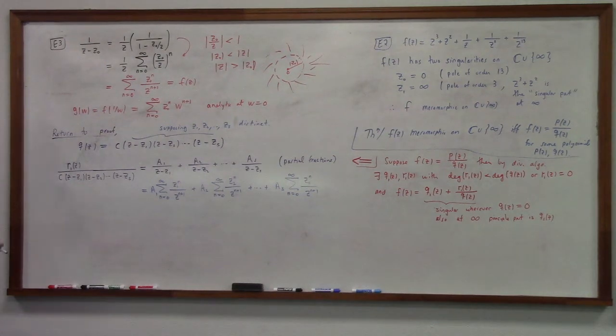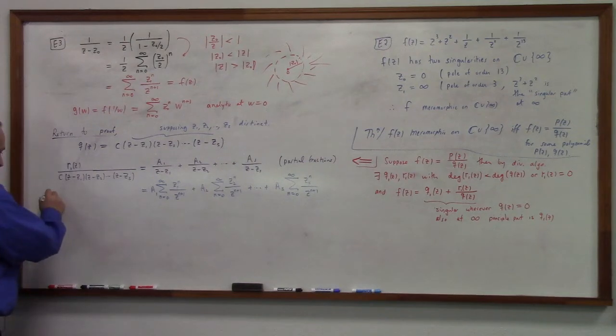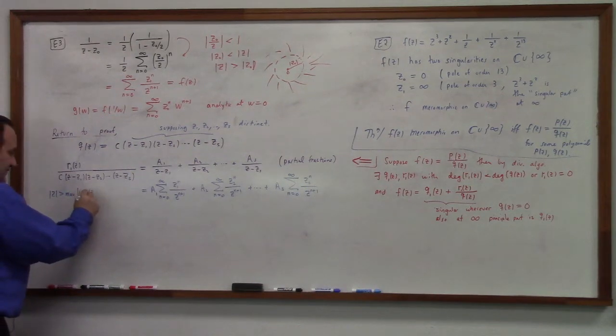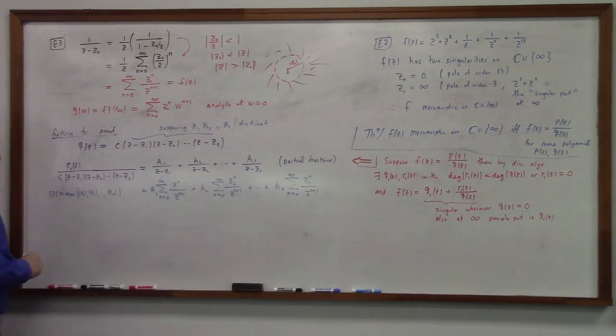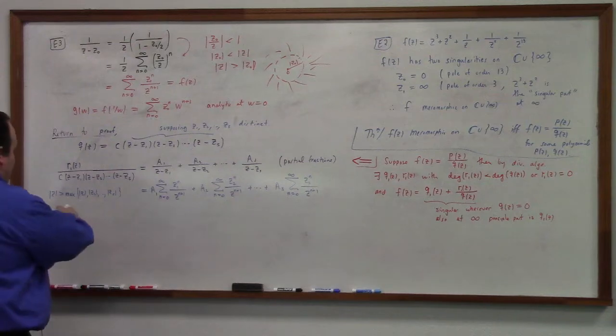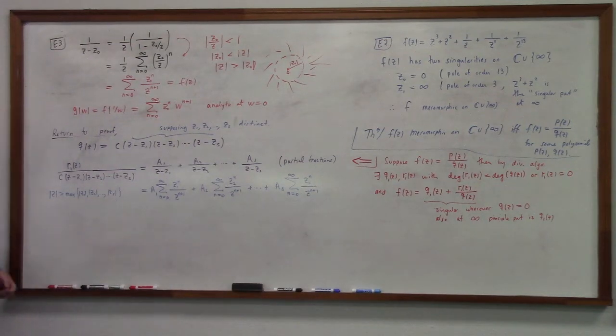I mean, modulus of z has to be greater than the max of the modulus of z1, the modulus of z2, and so forth, modulus of zs, right? But certainly we can do that. If we're looking for a neighborhood of infinity, we can make it as far out away from the origin as we want, which is to be closer to infinity. And so we can get all of these conditions on an appropriate neighborhood of infinity.